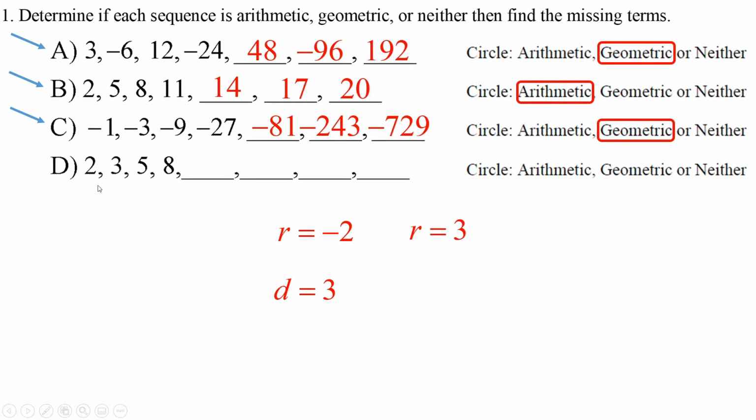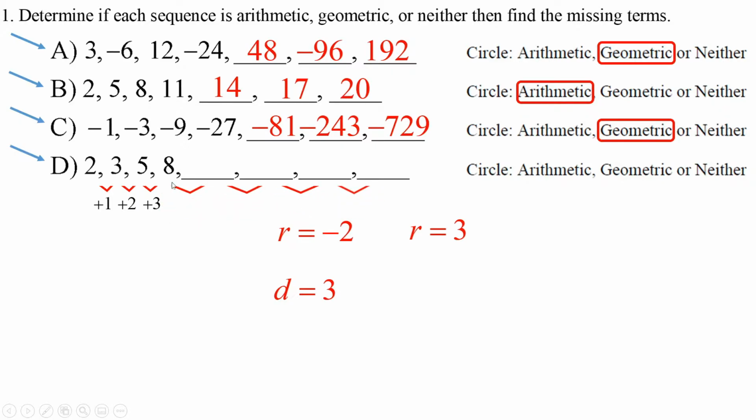But let's see if we can still see a pattern. This is going to be fun. Do you all agree that it looks like I added 1? And then to get from 3 to 5, I added 2. And then from 5 to 8, I added 3. So there's a pattern right there. Let's try to continue this.